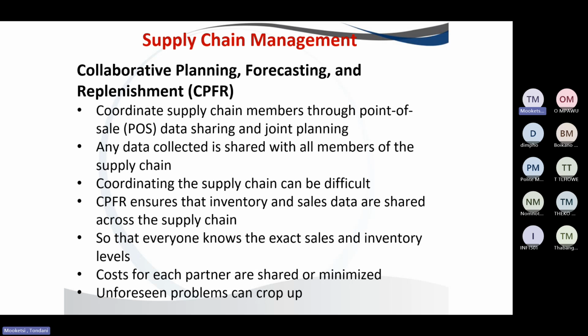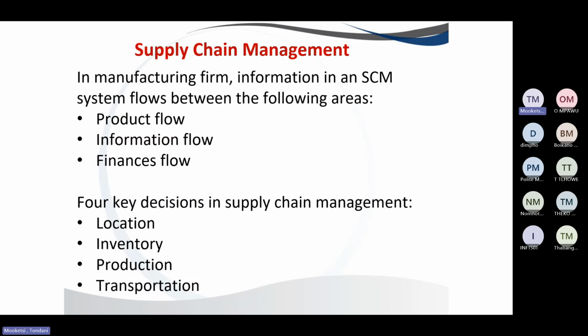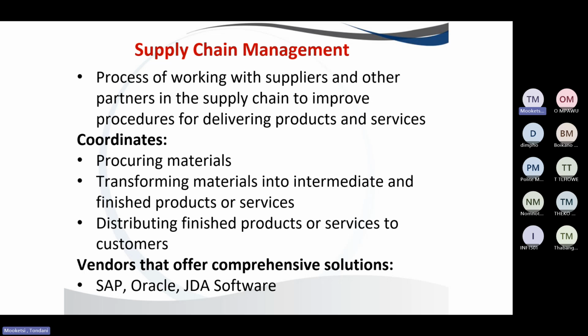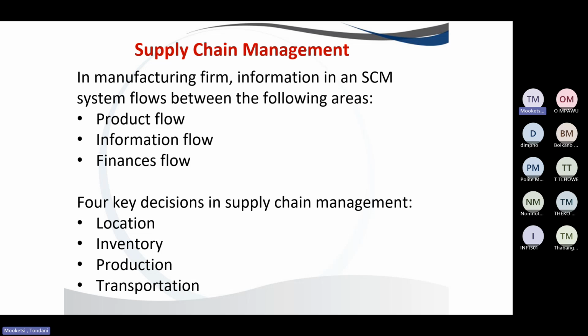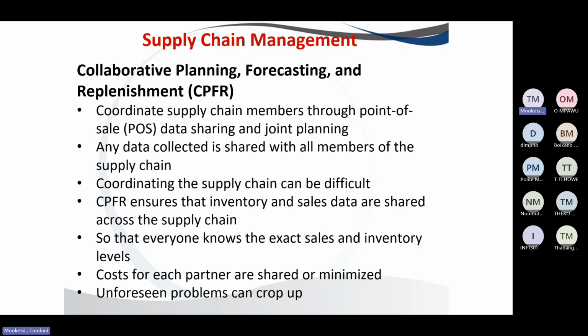So any data that is collected is shared with all members of the supply chain, be it suppliers, distributors, manufacturers, and coordinating of the supply chain can be difficult. I explained the different types of coordination that is involved in supply chain. So you have to coordinate procurement of materials, transforming that material into intermediate and finished products or services, which in this case, we refer to as manufacturing, and coordination of distributing the finished product or services to customers. So all of that is the amount of coordination that is required in supply chain.